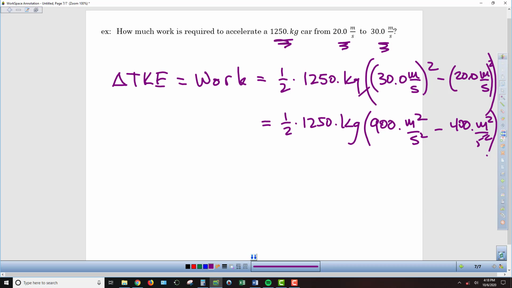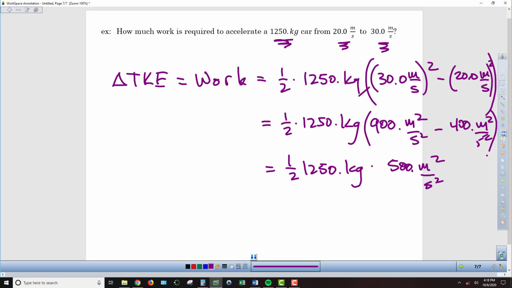So if we subtract those, we end up with 500 meters squared per second squared. And so we've maintained our 3 significant figures throughout that entire calculation.